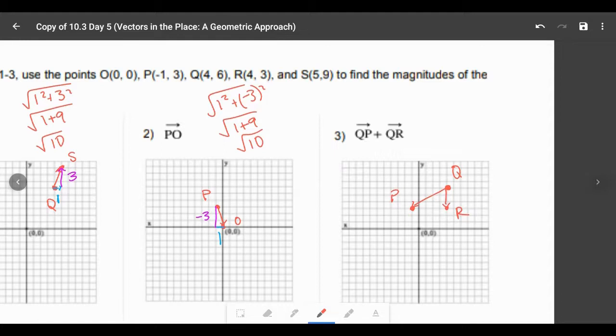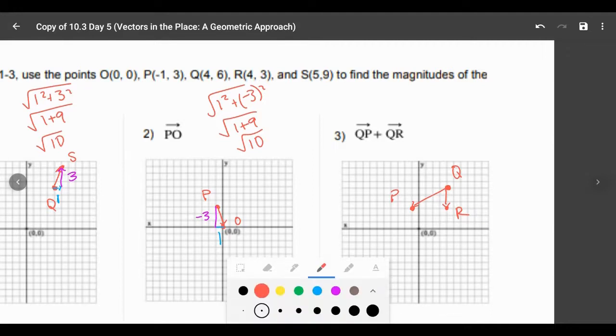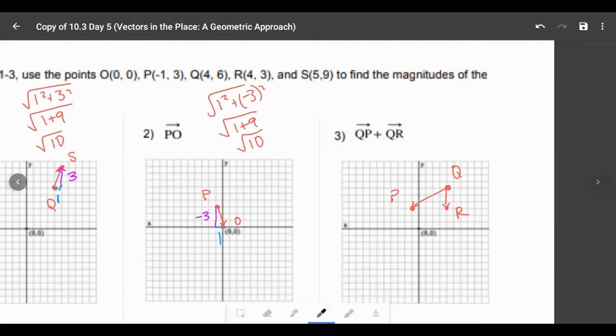For this problem, remember that we have two tails that are matching up. So in order to add these two vectors together, what we need to do is to finish the parallelogram that they create. So I'm going to notice that the point R is 3 spaces below point Q. So from point P, I'm going to go 3 spaces lower.